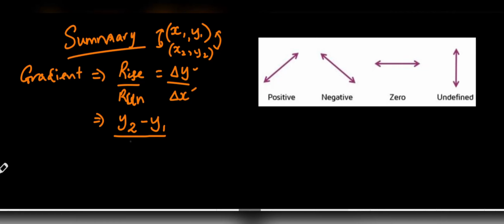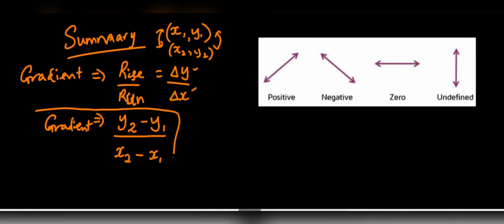And it will therefore mean our difference in y will be y2 minus y1 over x2 minus x1. This is our gradient formula. In mathematics, gradient is known as m. In physics, it represents whatever you are trying to measure.